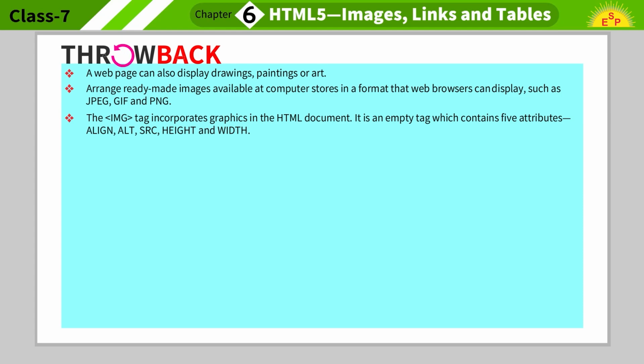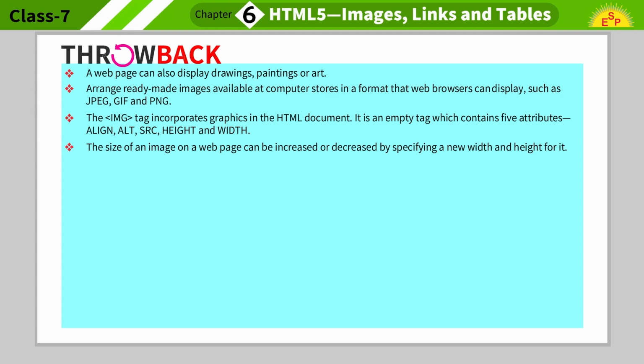It is an empty tag which contains 5 attributes: align, alt, src, height and width. The size of an image on a web page can be increased or decreased by specifying a new width and height for it. There are three different types of lists in HTML: an ordered list, an unordered list, and a description list.